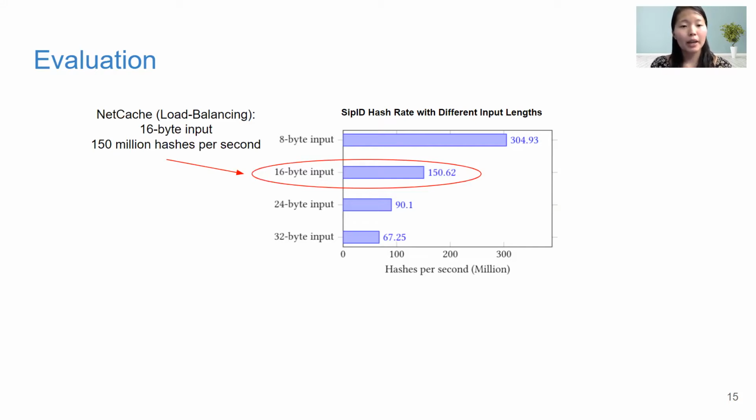And for example, an application like Netcache, which quickly handles queries and performs load balancing, is currently using CRC32 with a 16-byte input, but it could transition to using SipiD instead, and for that same 16-byte input, be able to do 150 million hashes per second and do so securely.